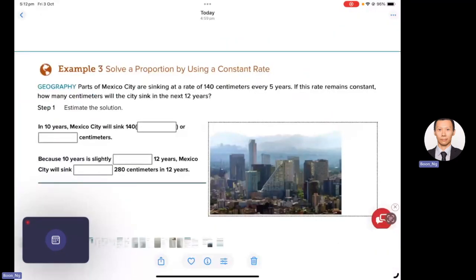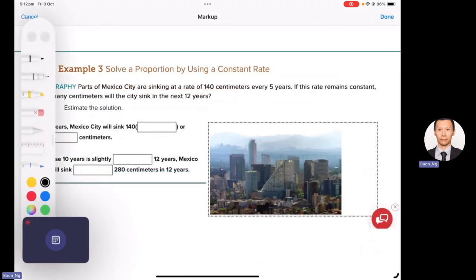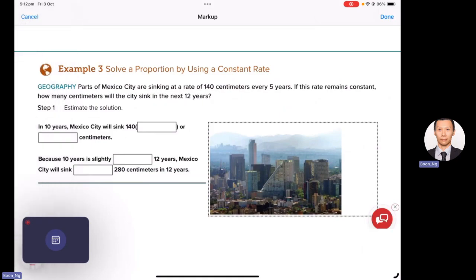Example number 3. So you can see here, let me change the color. Mexico City is sinking at a rate of 140 centimeters every 5 years.